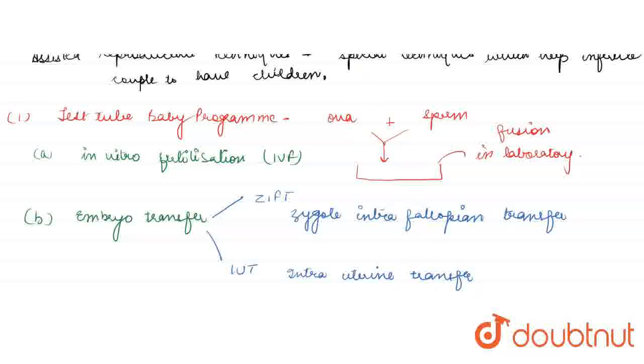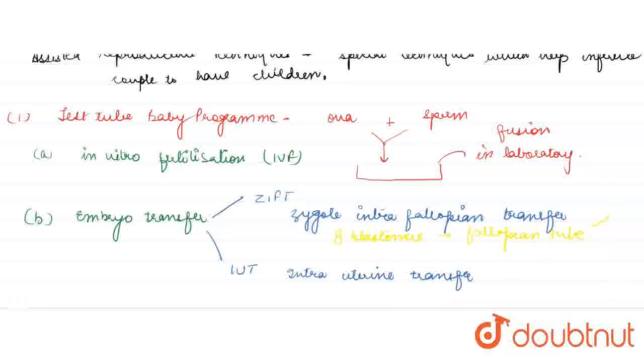Now, what is the difference over here? In ZIFT, the zygote or the embryo with up to 8 blastomeres is transferred into the fallopian tube. And then we know from the fallopian tube it will go towards the uterus, and then it will get implanted into the uterine cavity.